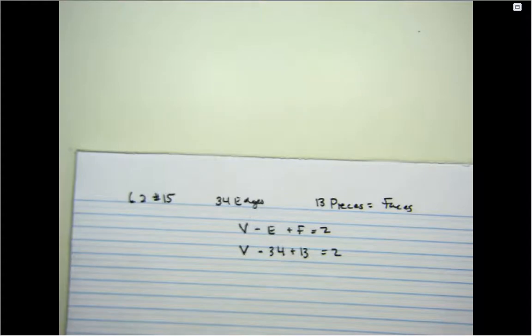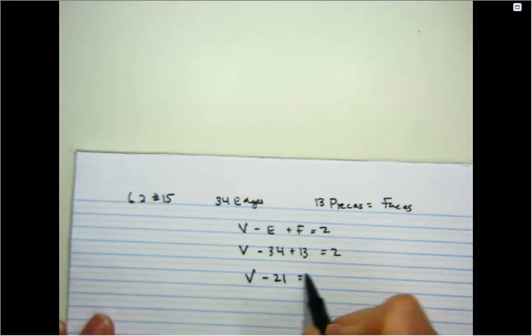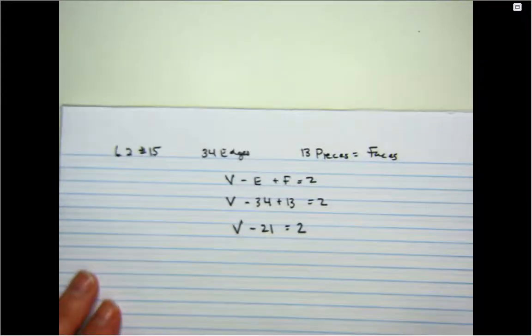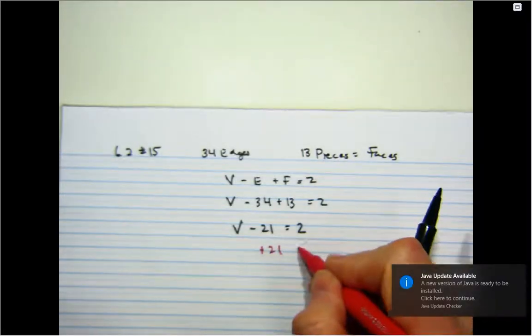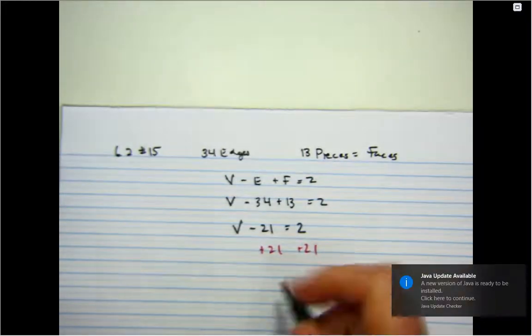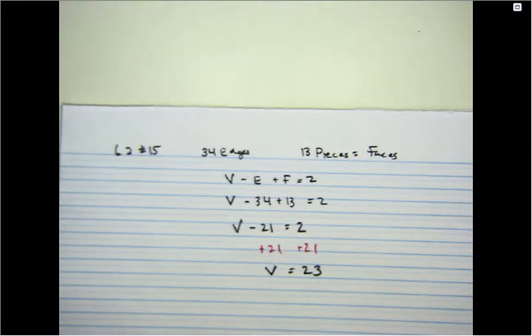So you can combine the two numbers. The one is negative though, so you'll have 13 minus 34 in your calculator, which is negative 21. So V minus 21 is 2. And then you would use algebra and add 21 to both sides of the equation. Or you can do it intuitively and just think, what do I subtract 21 from to get 2?